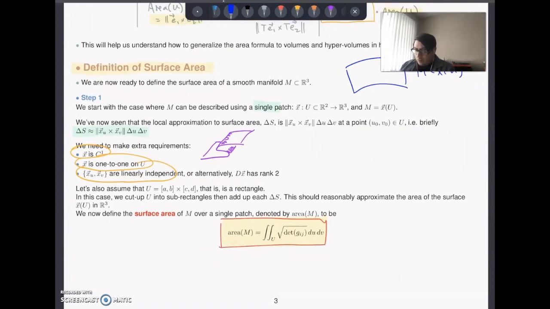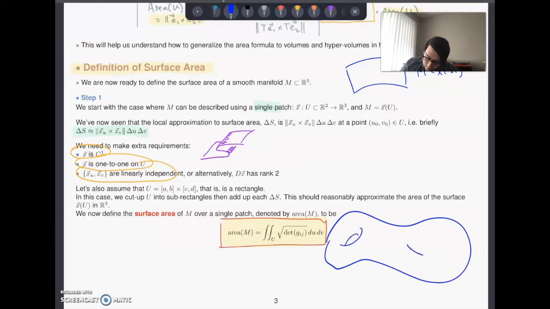Now what do we do if we don't have a single patch? Let's draw a quick little manifold where you can't write this as a single patch. So what do we do? Hopefully, our definition of this manifold M is that we can visualize it as the union of a bunch of patches of type 1.